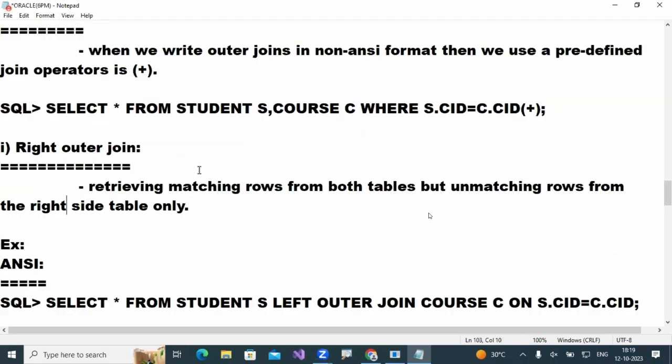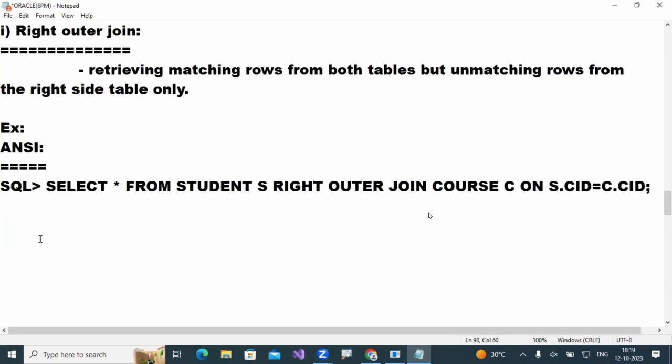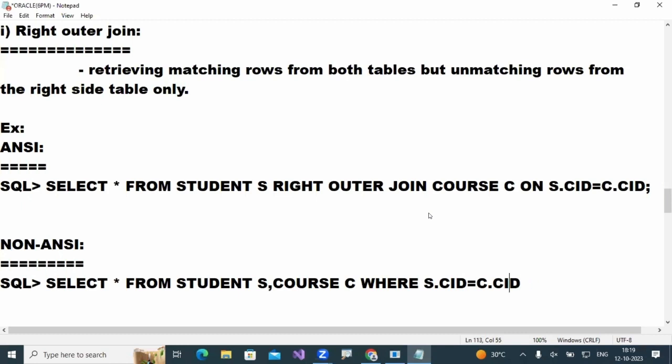In ANSI format, same as usual, I want to use my keyword, the right keyword. But in non-ANSI format, we need to use the join operator on the left side of the table, not the right side. So this is your right outer join.